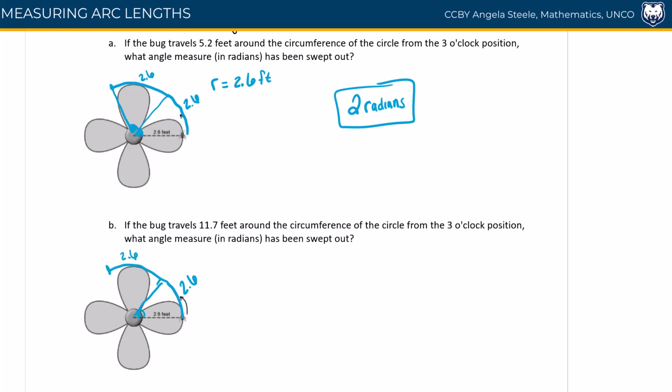And if you're wondering how I knew when to stop at that second radian, just remember on the previous unit circle, we looked at those key clock positions, and at the 12 o'clock position, that is 1.57 radians. So the fact that I wanted to go 2 radians means I'm going to go just a little bit past that.